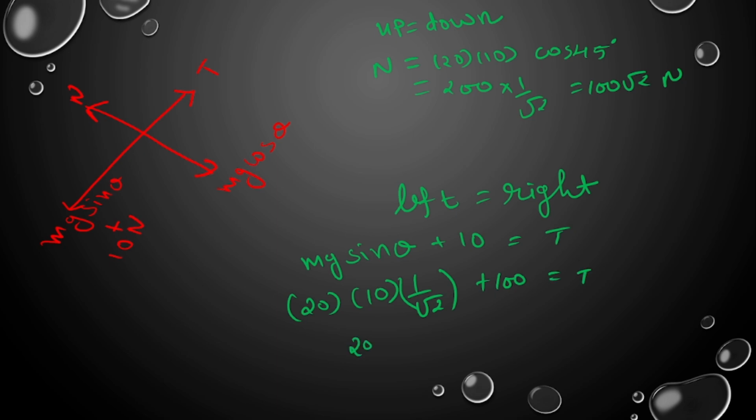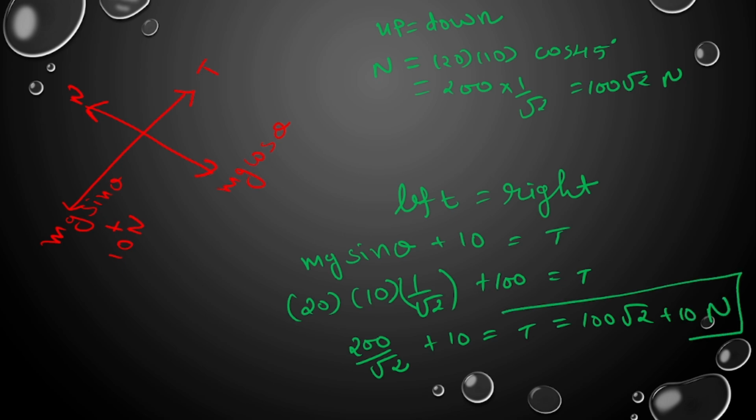So this is 200 upon root 2 plus 10 equals to tension, which equals 100 root 2 plus 10 Newton. Okay. Then this one, not so difficult.